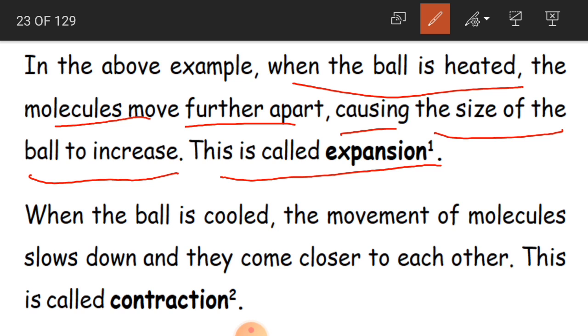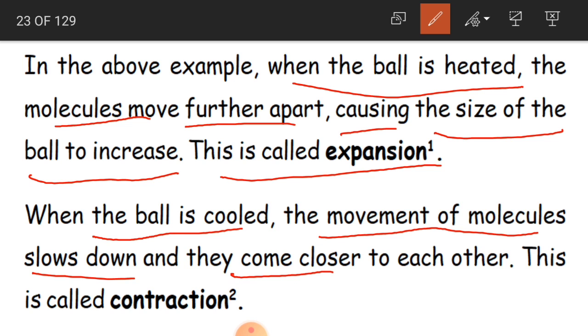They were disconnected from the other molecules, so the ball size was expanded. This is nothing but expansion. We call this expansion. And when the ball is cooled, what happens? The movement of molecules slows down and they come closer to each other. This is called contraction.